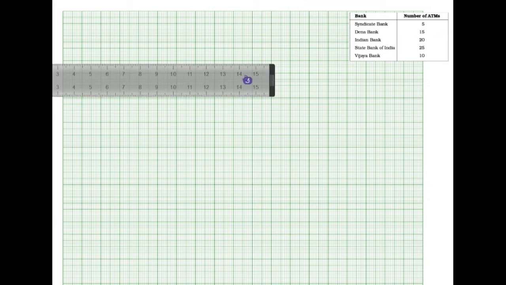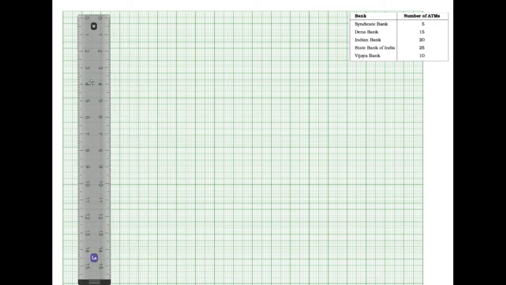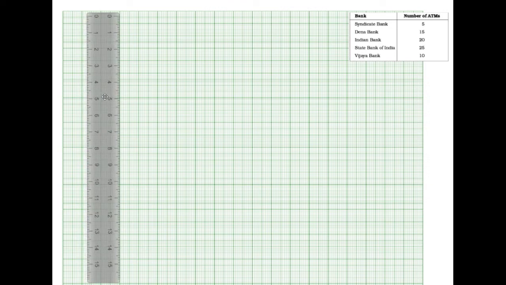For that, I require the graph sheet and a ruler. I need horizontal and vertical axis to represent the bank and the number of ATMs.